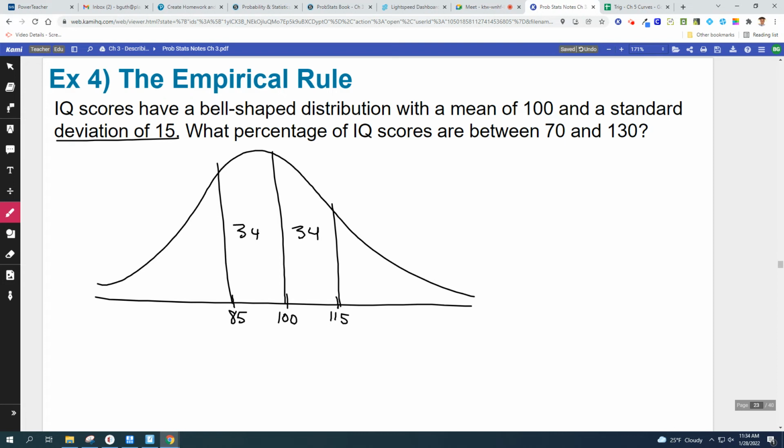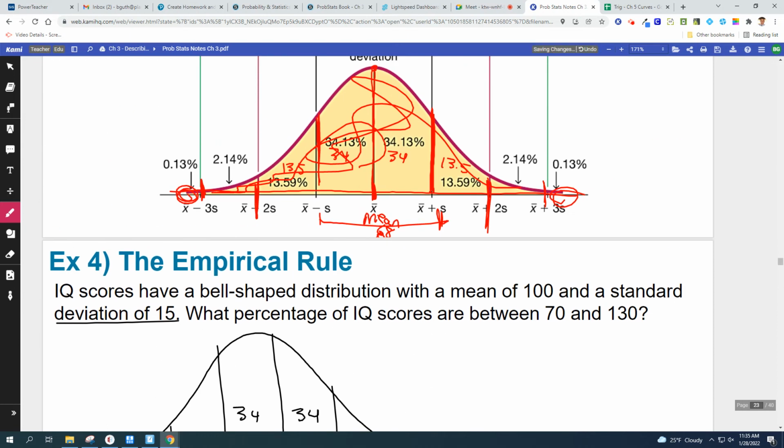There are 34% of the numbers that are within 15 lower, and 34% within 15 higher than the mean of 100. But they're asking about between 70 and 130. So notice if you add another 15 on there, you get to 130. And if you subtract another 15, you get to 70. So those numbers are about 13.5% here and 13.5% here. Not exactly, I rounded off a little bit.